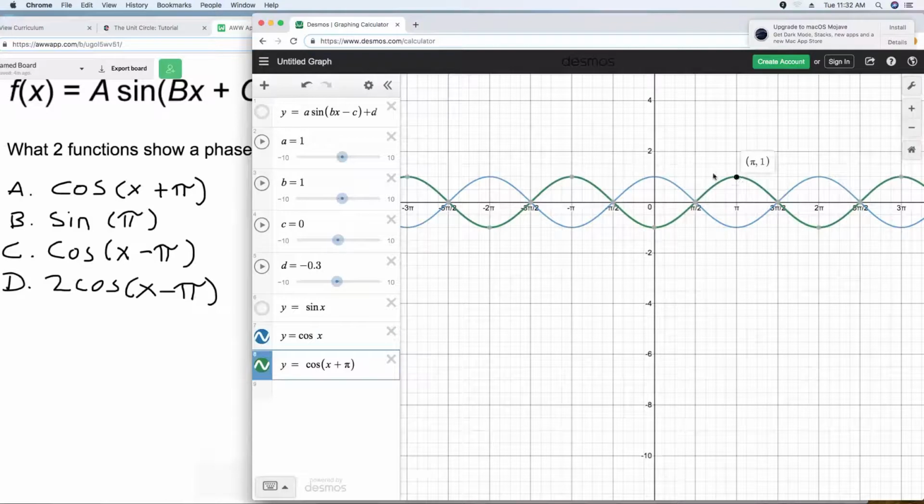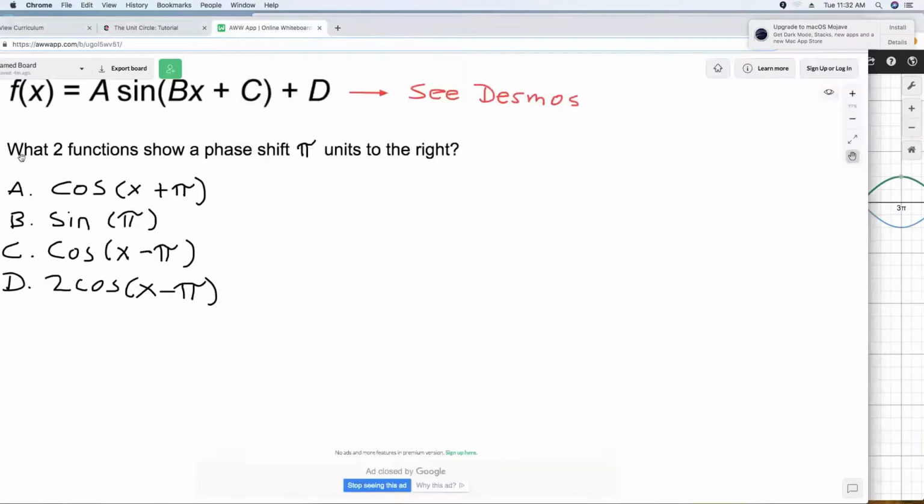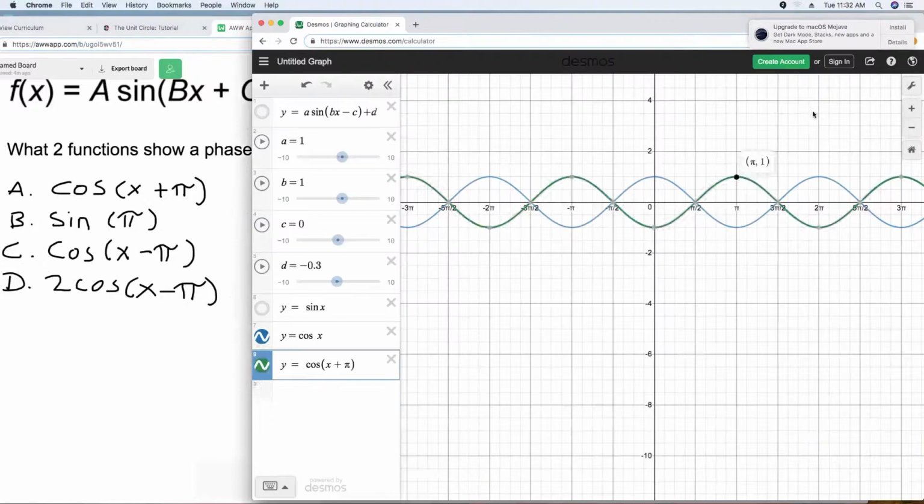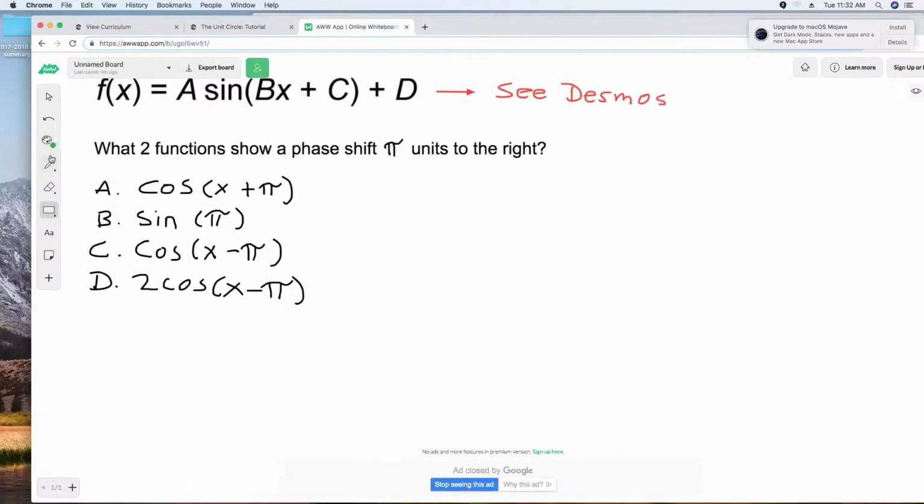Okay, it looks like it went to the right by pi. So this is a maybe. All right, sine pi. If you put sine pi on the calculator, it's not even going to give you a graph because pi is a number. It's just going to give you its value. So that's an automatic no-no.